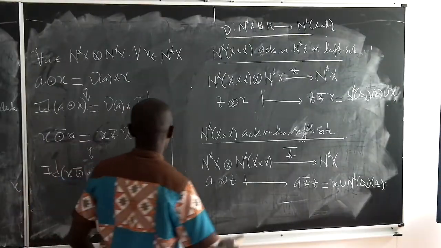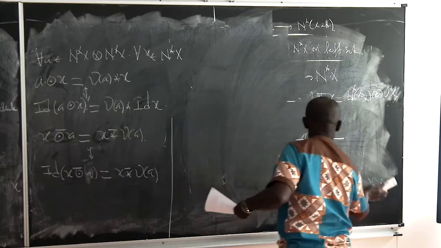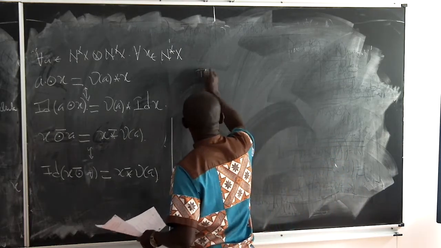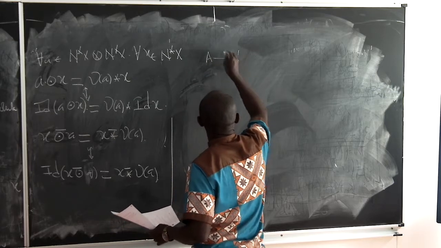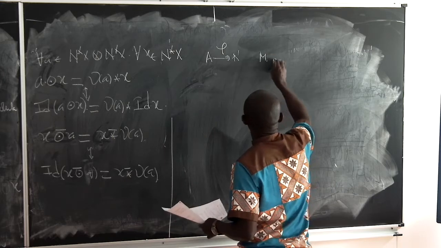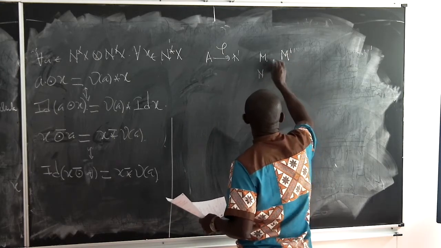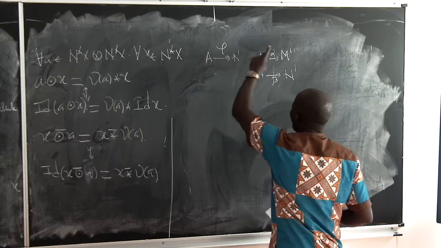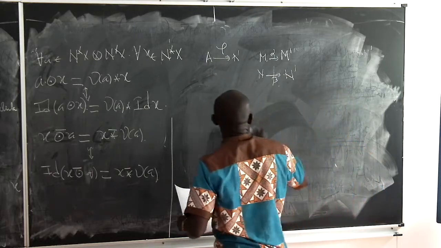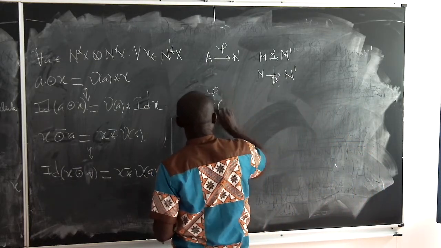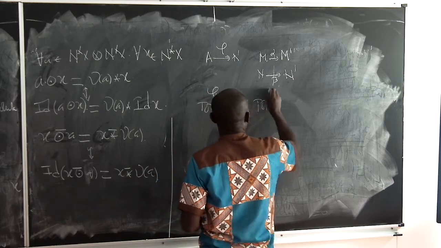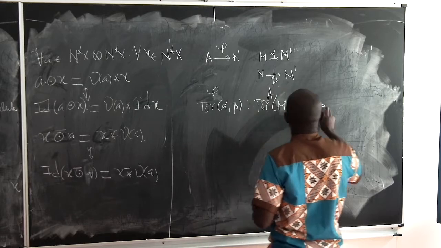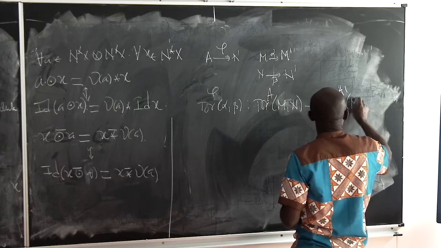So with this, remember that I told you that if A and A prime are two algebras, M, N are A modules, and M prime and N prime are A prime modules, then we have an isomorphism phi alpha beta from tau of A, M, N to tau of A prime, M prime, N prime.